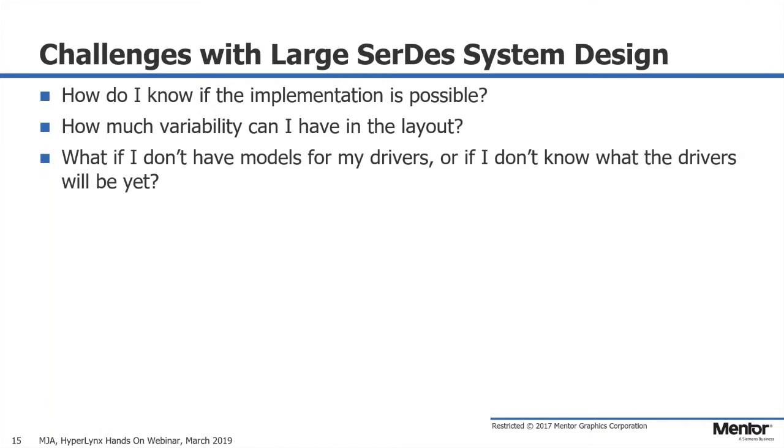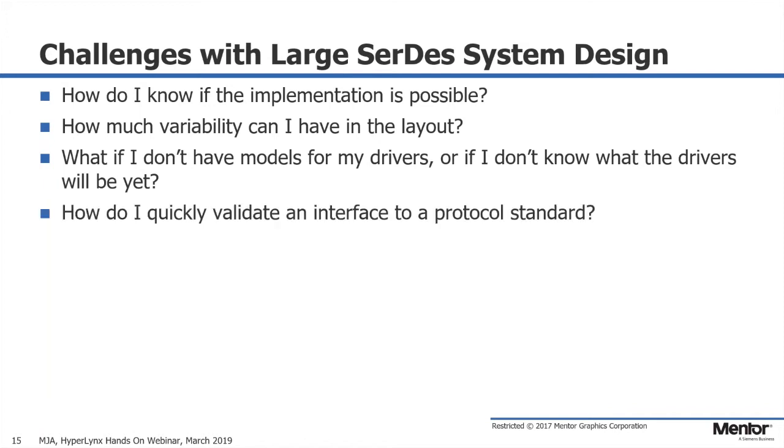Or you don't even know if the drivers are out yet. What are your options for analyzing your interconnects? How do we quickly validate an interface to a protocol standard? So you know you're doing a PCIe bus. There should be some standards, and there are, as to how that interface should react. So how can you meet up with that?